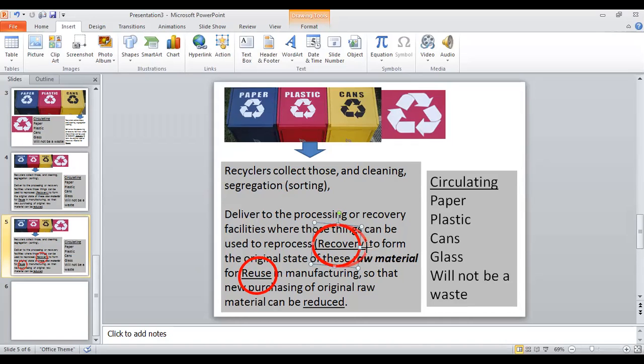Recovery and reuse together. Okay, together results in recycling.